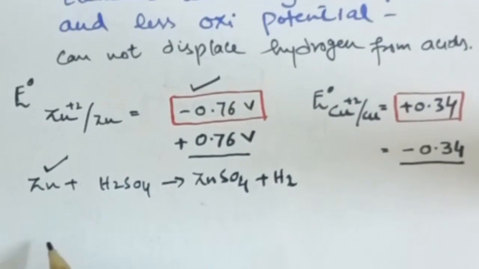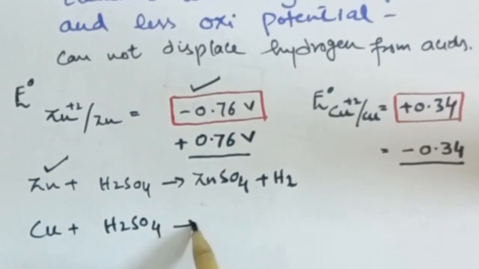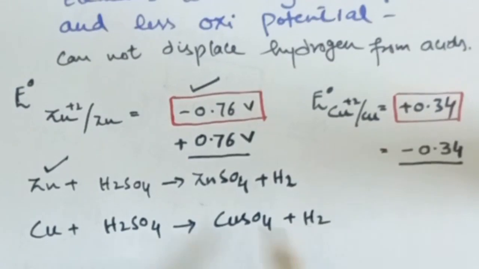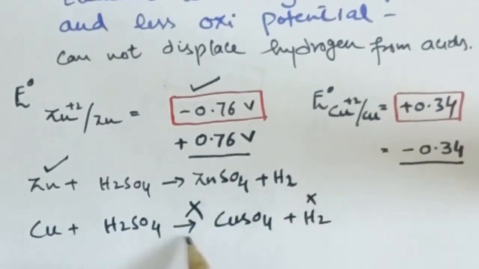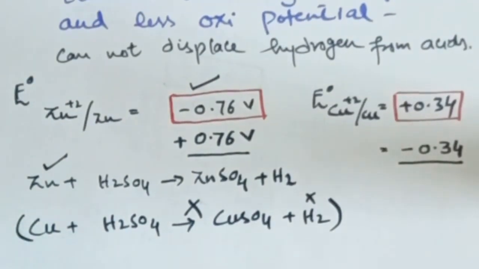But if we write down the reaction of copper with H2SO4, this type of reaction cannot occur and is not possible, because according to the electrochemical series zinc has low reduction potential value and high oxidation potential value, while copper has high reduction potential value and less oxidation potential value. Thus, zinc can displace hydrogen from acids while copper cannot.